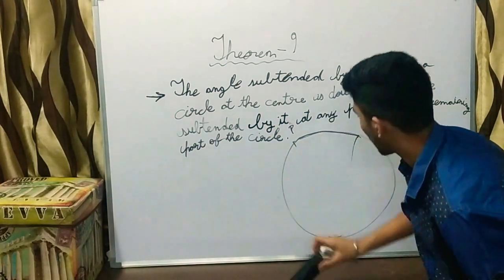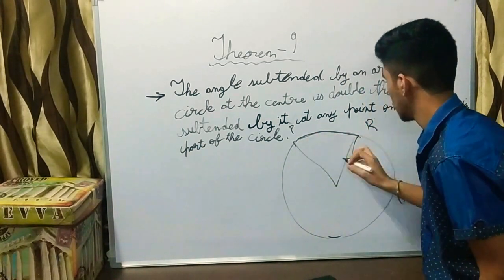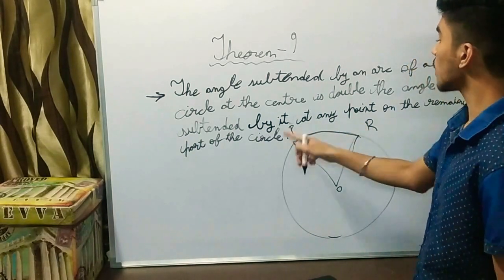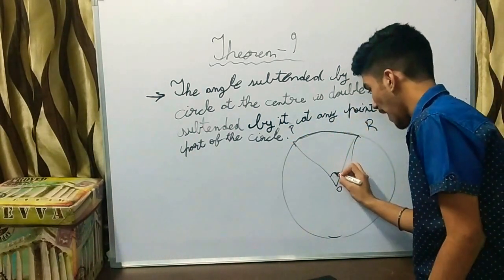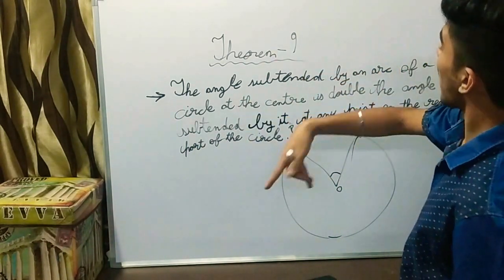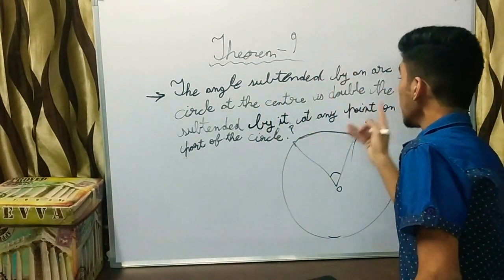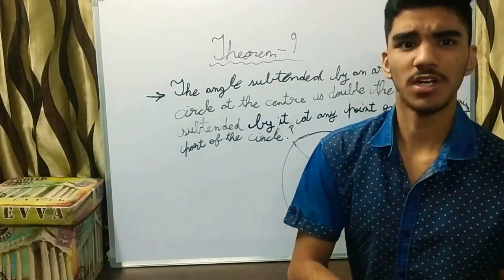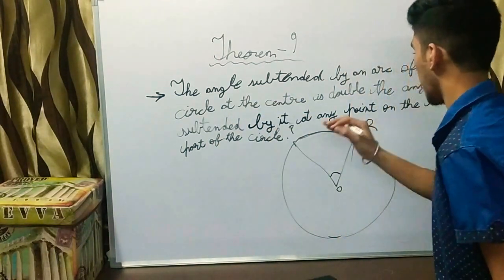So let me draw a line to the center. So this is your line. Arc PR subtends an angle at the center which is double of the angle subtended by it at any point on the remaining part of the circle. Not understood? Let us understand practically.